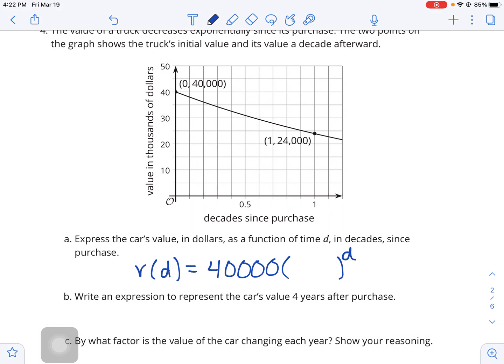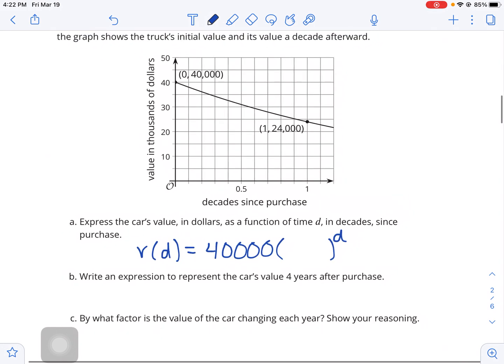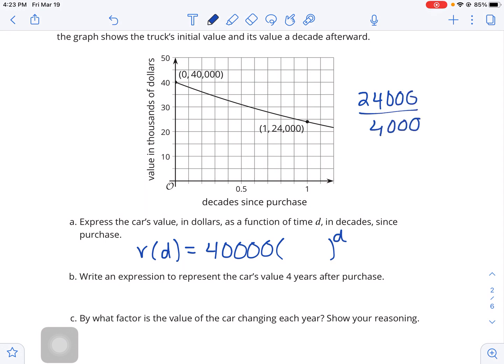We need to figure out what multiplier that was. So we would take 24,000 and divide by 40,000, and when you do that, you will get 0.6.